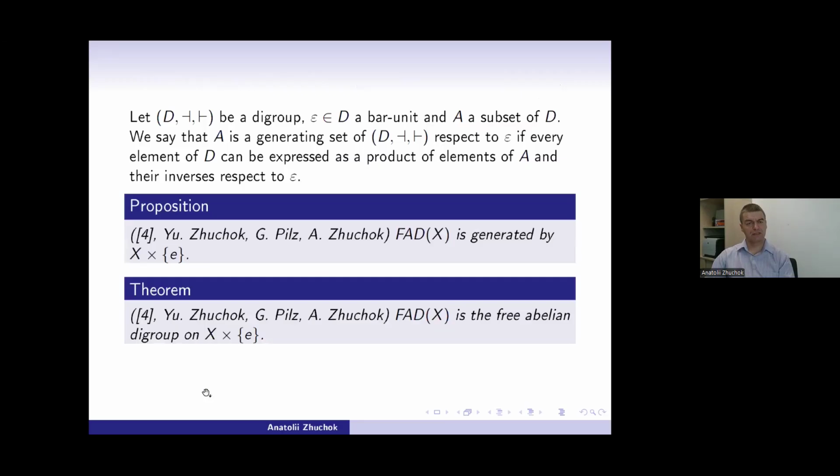And FADX is the free abelian group on the set X. X times E is the generating set for our algebra, and here you can see the definition. I recall the definition of a generating set of the group, but it is important with respect to the fixed bar unit, because we can choose the bar unit. We have a set of bar units, not only a unique one.